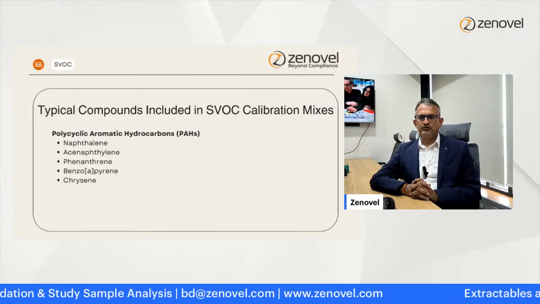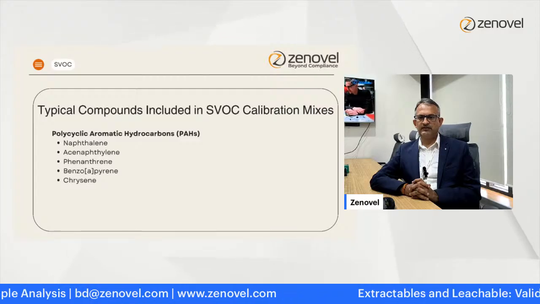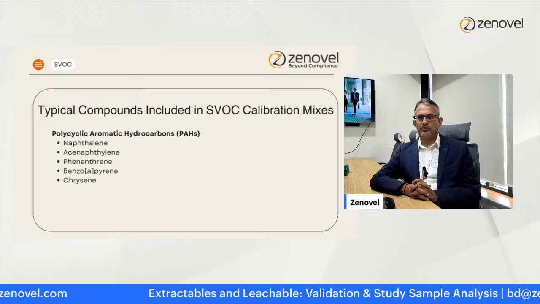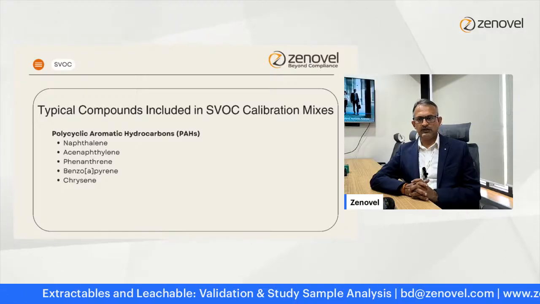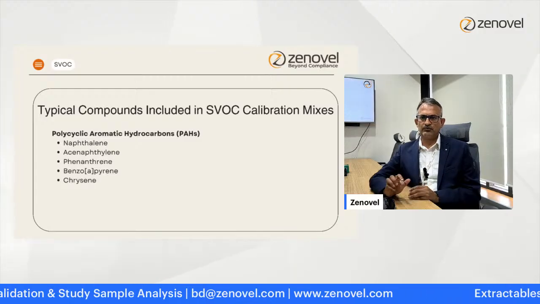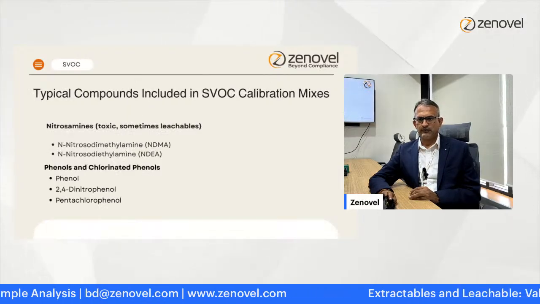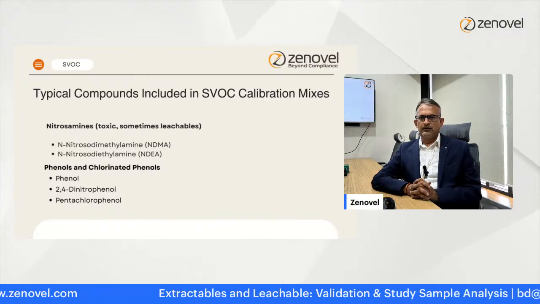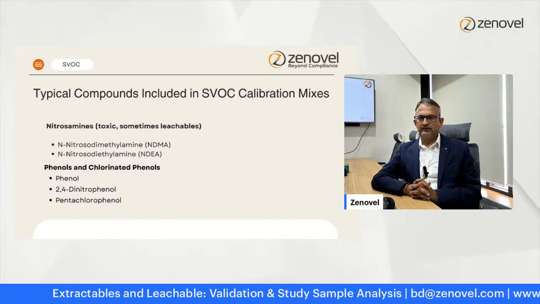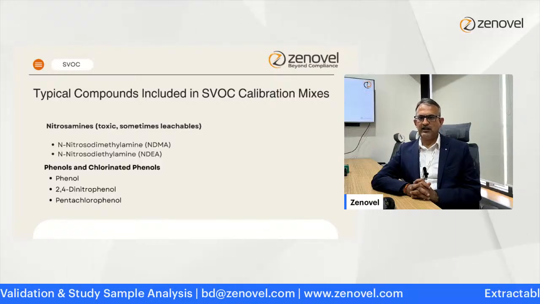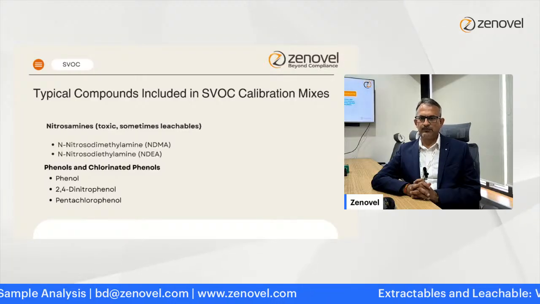Typical compounds included in SVOC calibration mixes are polycyclic aromatic hydrocarbons. Here examples are provided such as naphthalene and other compounds. Nitrosamines are toxic and sometimes can be considered leachables. NDMA and NDEA are the best examples.